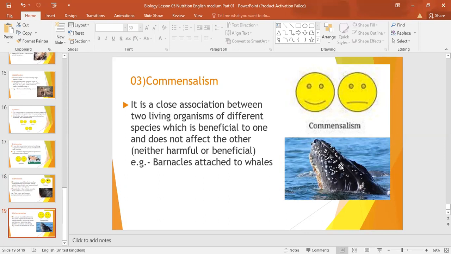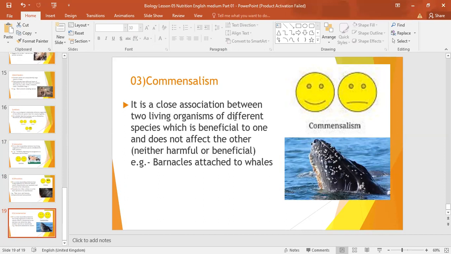Whales are providing houses for barnacles, but there is no benefit to whales, while barnacles are benefited. It is a close relationship between two living organisms of different species.